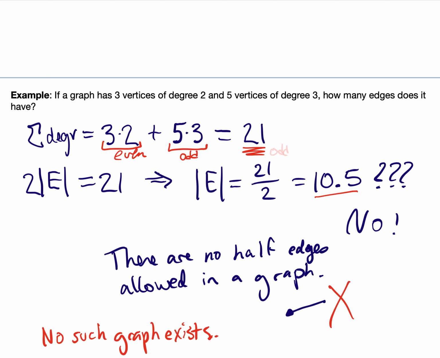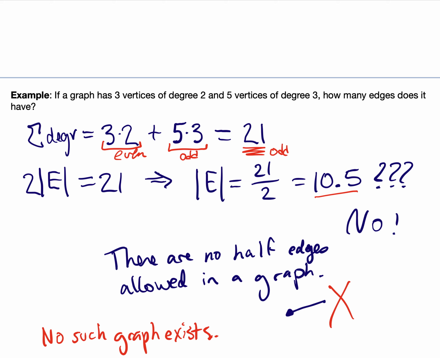And anytime we add an even number plus an odd number, we get an odd number. And more specifically, anytime that we add an odd number of odd numbers, the value will always end up being odd.